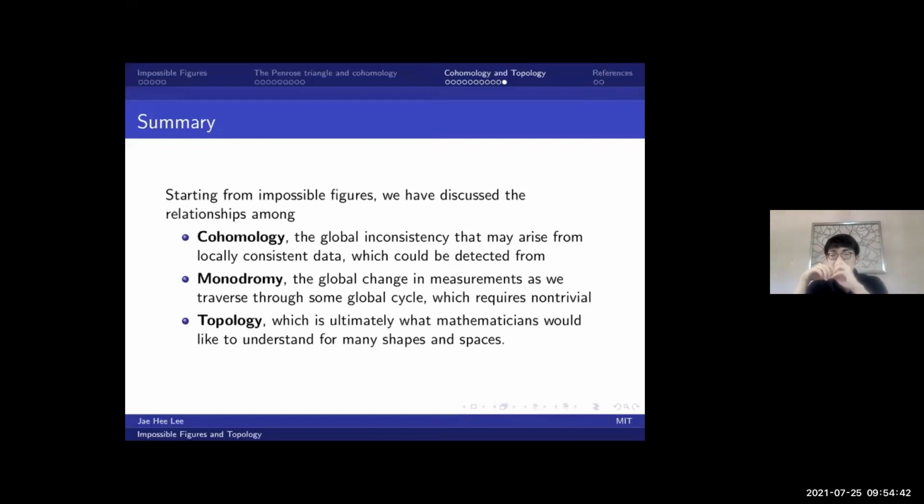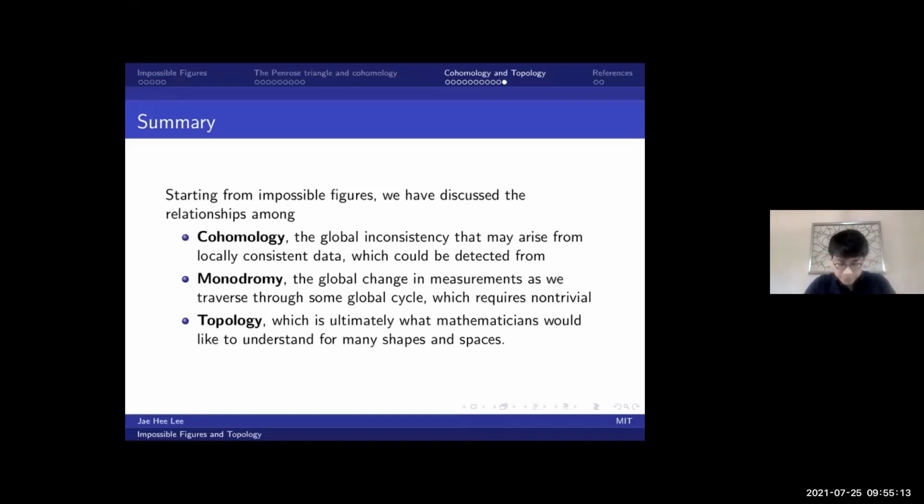And it is really this topology, well, it depends on the person's perspective, but for people like me, the topology or geometry of mathematical objects is what we're ultimately interested in. And cohomology, which is a vast mathematical generalization of the impossible figures you've seen today, is very useful for their study.